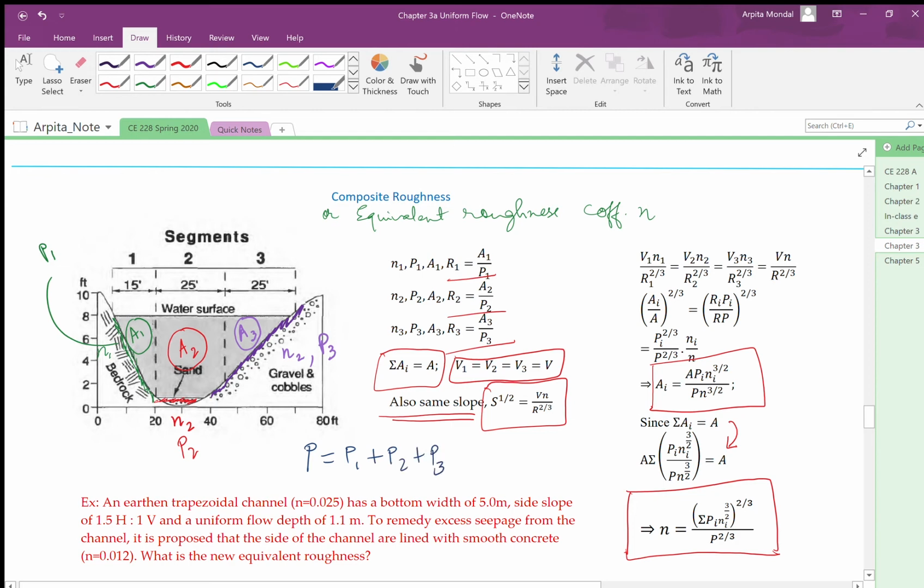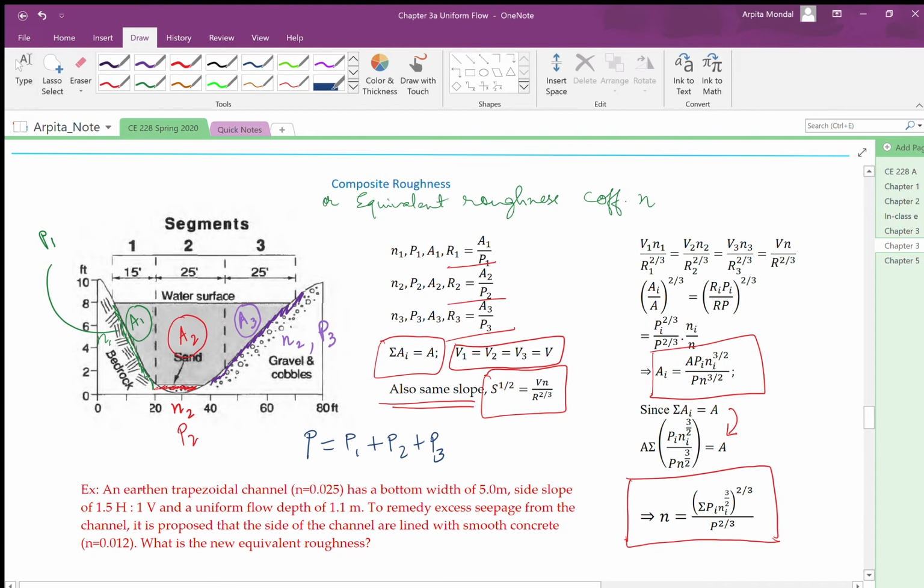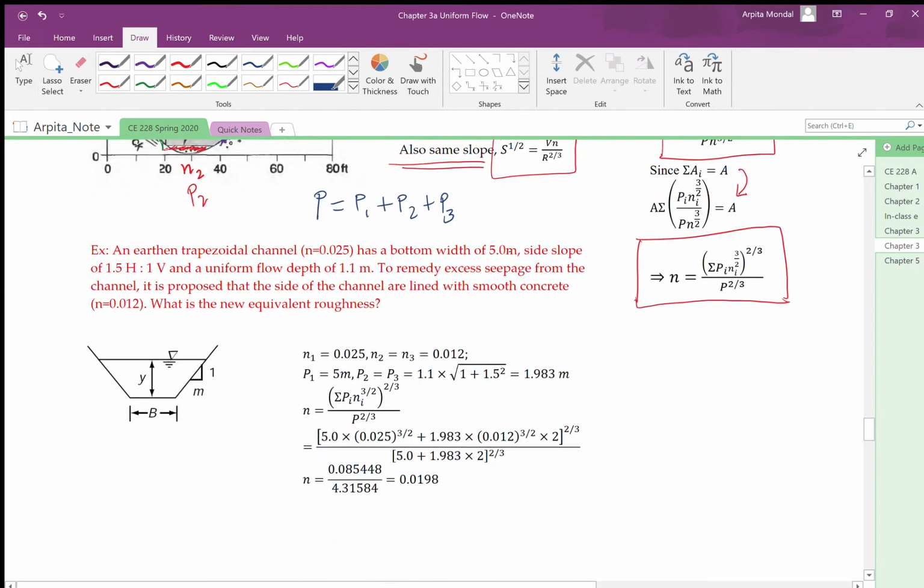Alright, let's solve a problem to make this concept a little more clear. So here we are talking about an earthen trapezoidal channel whose roughness coefficient, for the earthen material, is given to us, the bottom width is given to us, and the side slopes are also given to us. The depth of flow is also given as 1.1 meters. So this is the channel cross section.